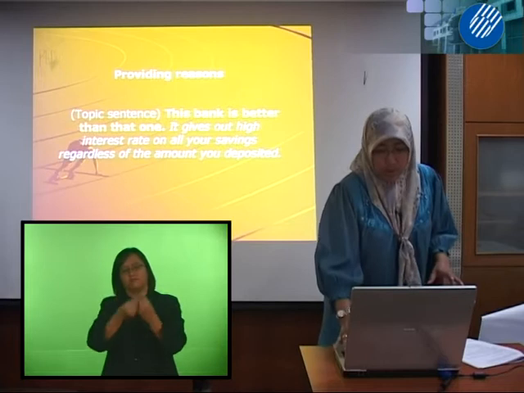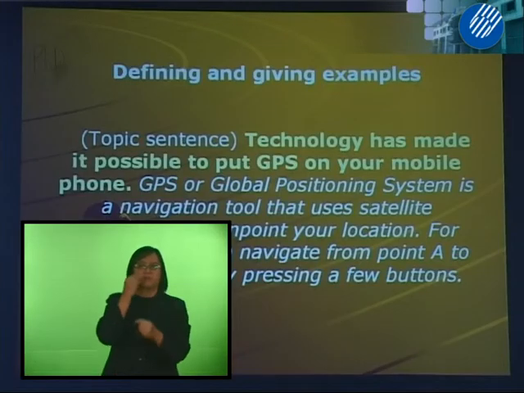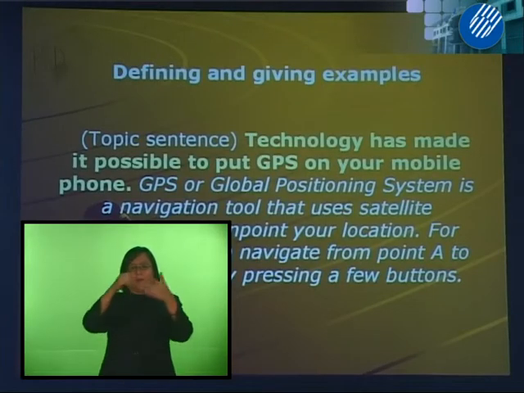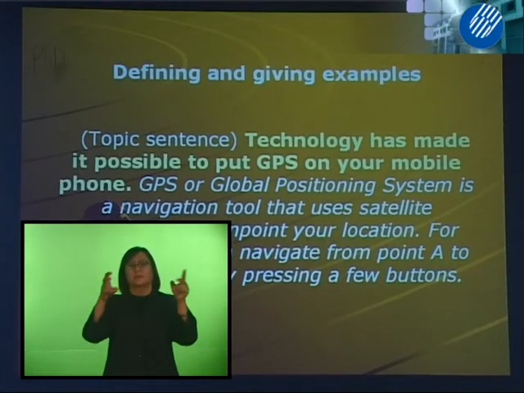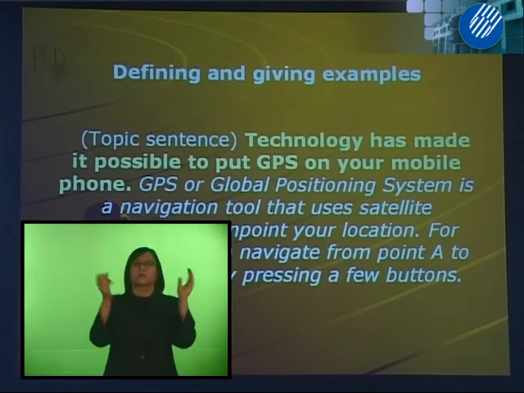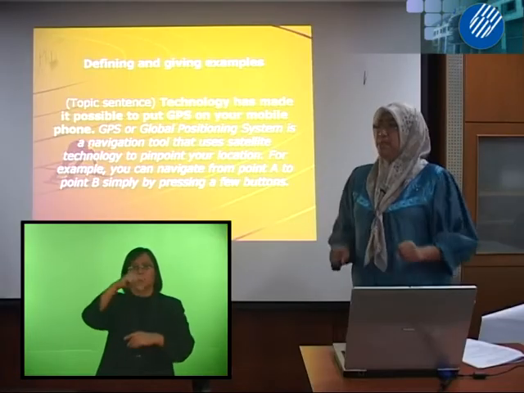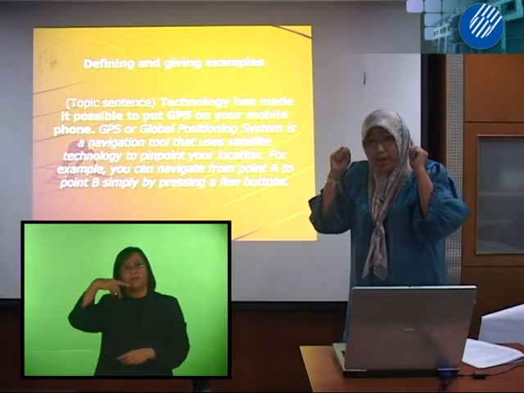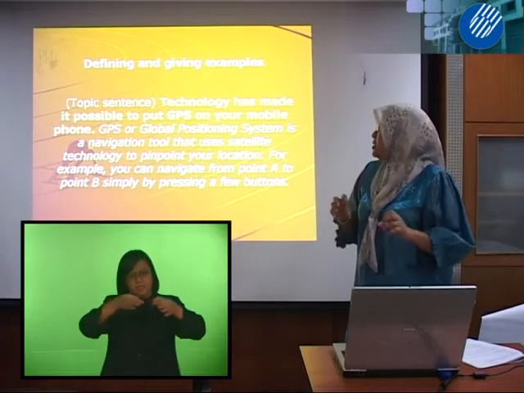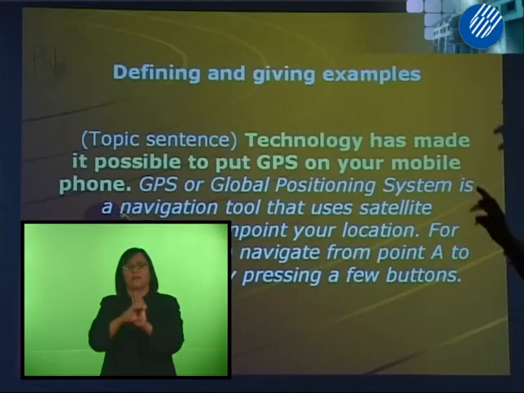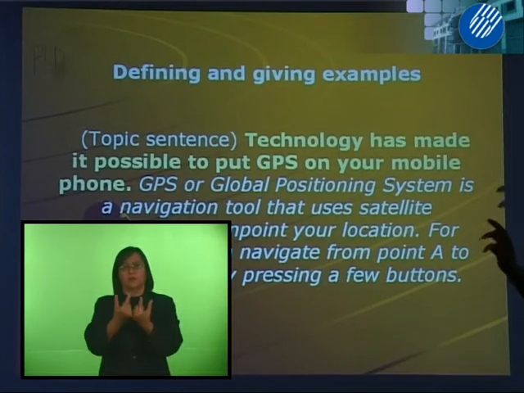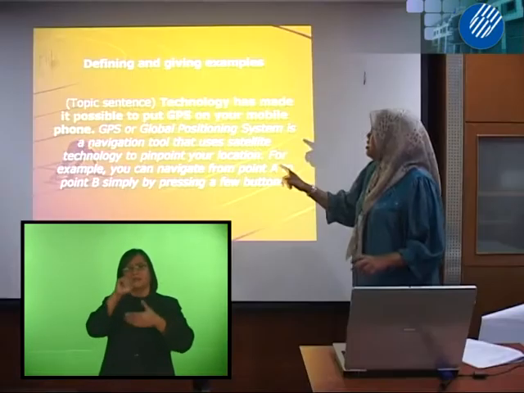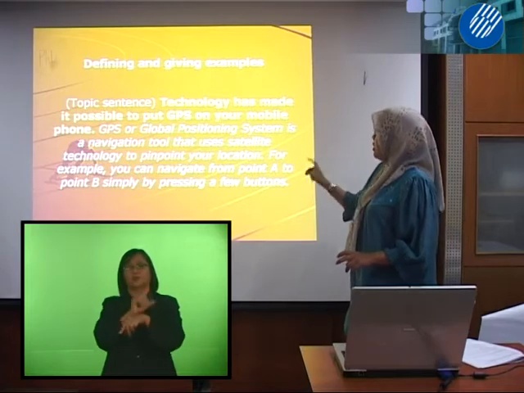And the third one is, you define and give examples of the topic sentence. Technology has made it possible to put GPS on your mobile phone. So you define the topic sentence and you also give examples, where GPS, or global positioning system, is a navigation tool that uses satellite technology to pinpoint your location.